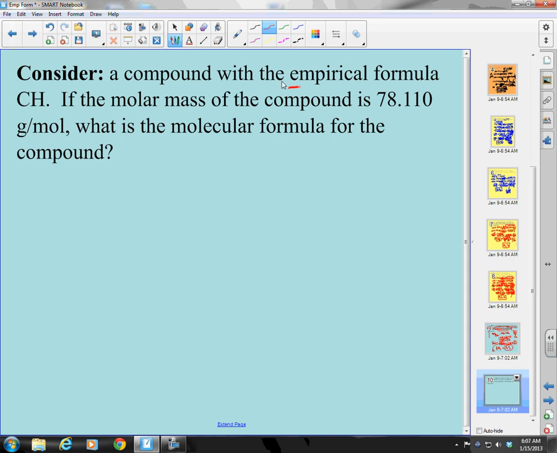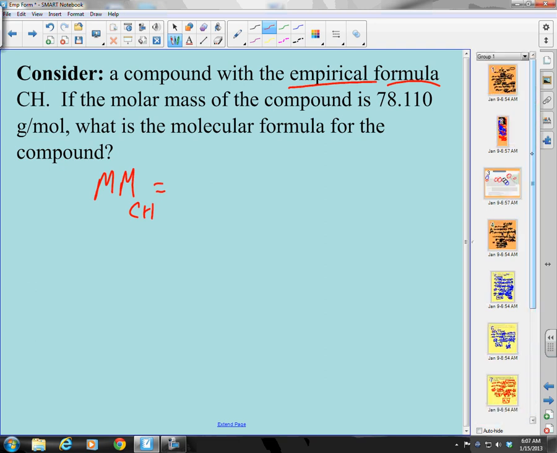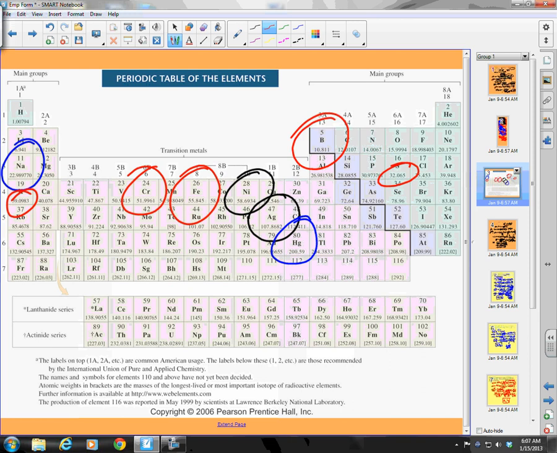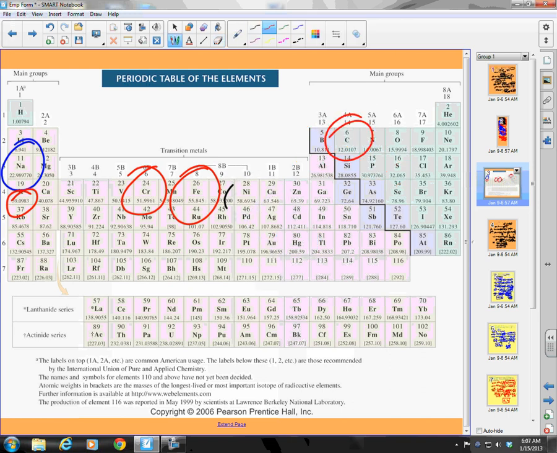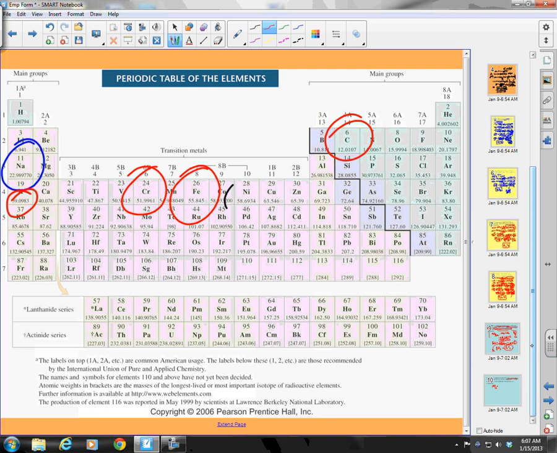Compound has an empirical formula. It is CH, so I want to know the molar mass for my CH, and that's going to be carbon. What's my carbon? I think it's 12.01, but let's look it up here. 12.01, good. Molar mass of carbon is 12.01.